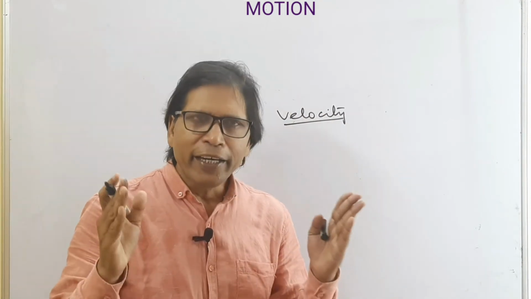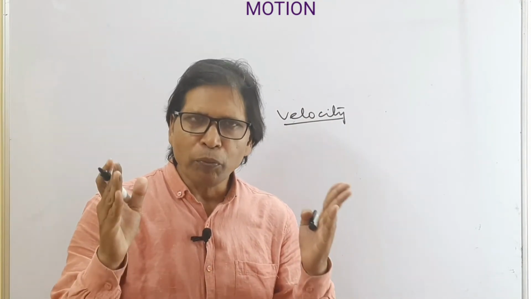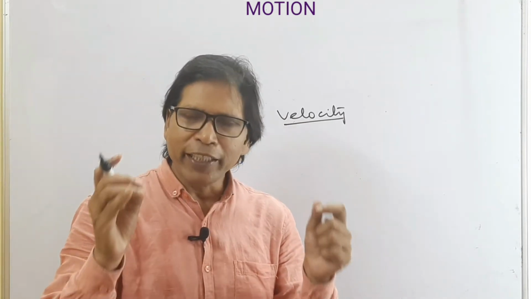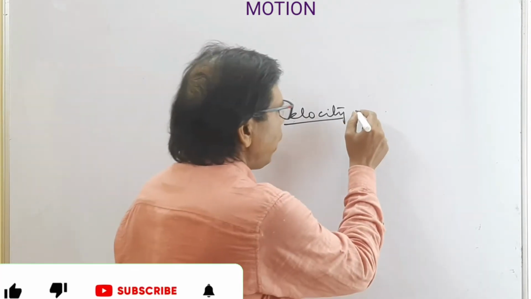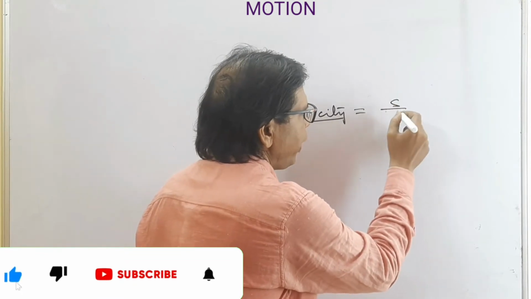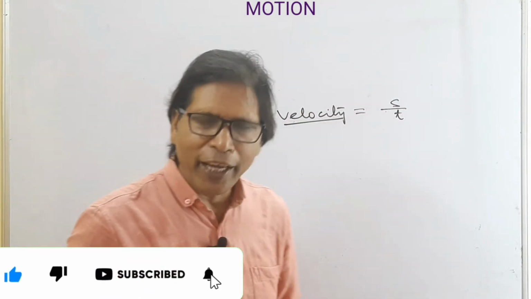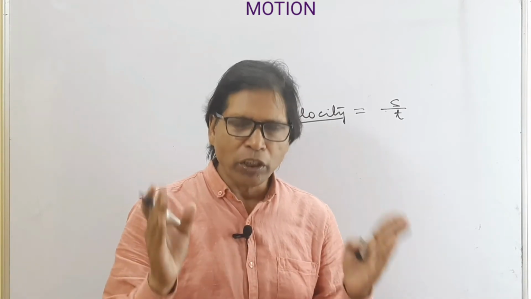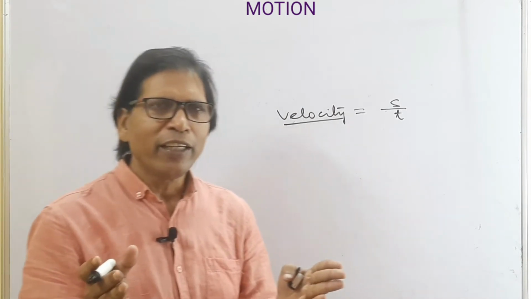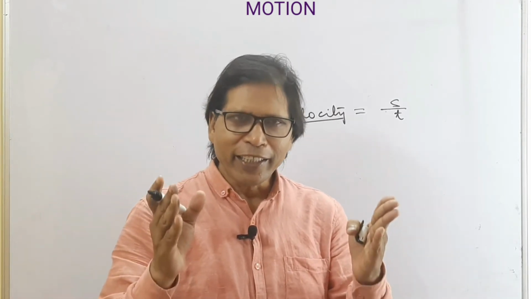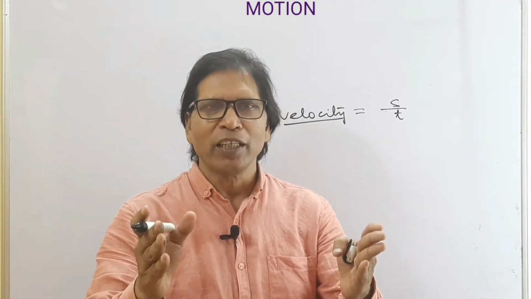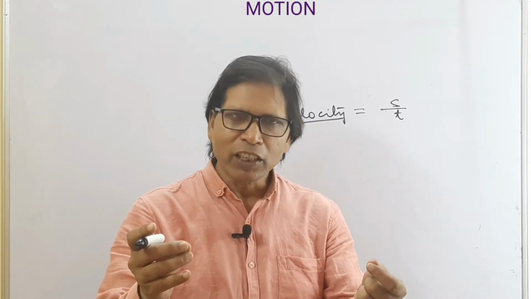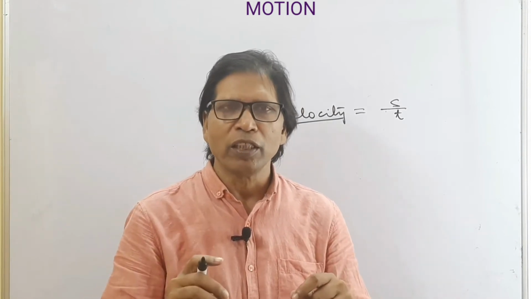Velocity is the rate of change of position in a given direction. So it is a vector quantity. Therefore velocity v equal to s by t. Okay. Now uniform velocity. If the velocity of a body is constant in time, then it is called uniform velocity. And if the velocity is not constant, then it is called non-uniform velocity.